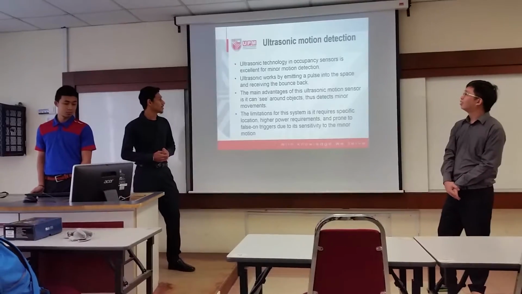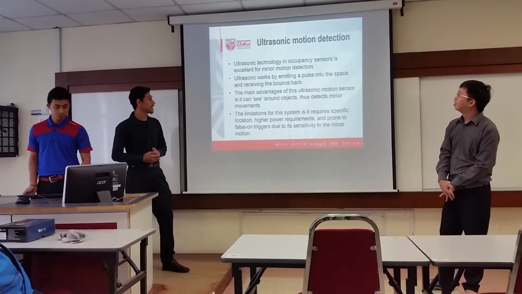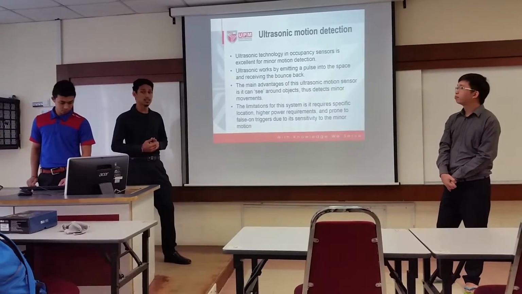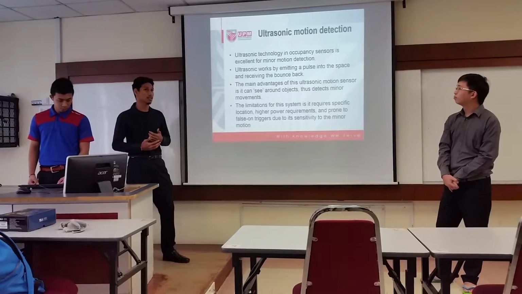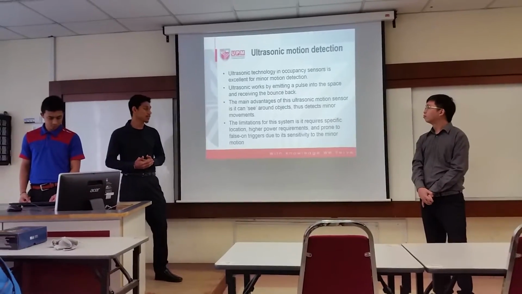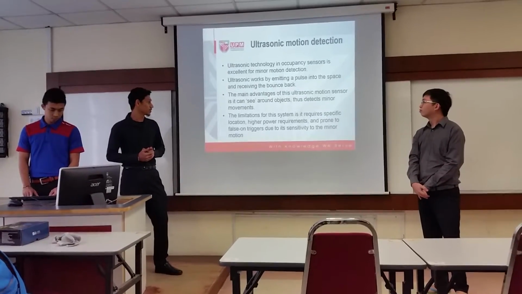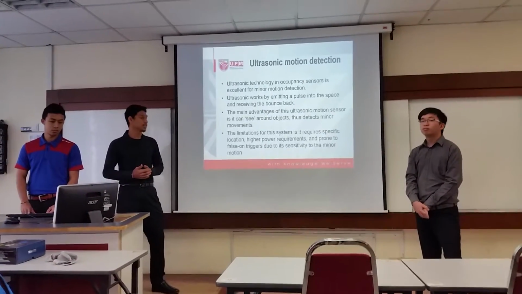The main advantage is it can see around objects, thus detecting minor movement. The limitation is that it requires a specific location, has higher power consumption, and is also prone to false triggers due to its sensitivity.